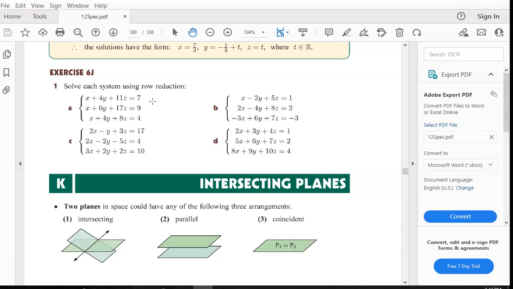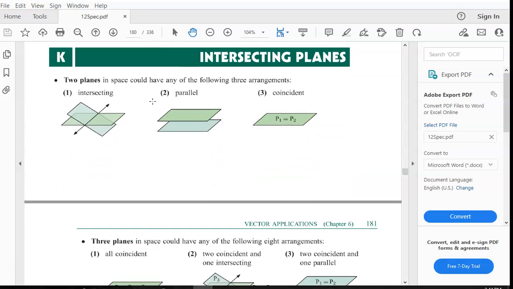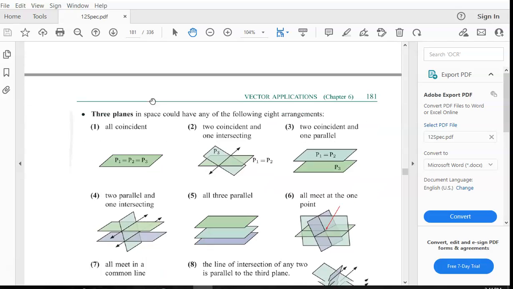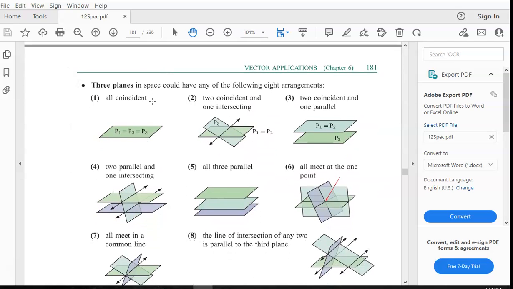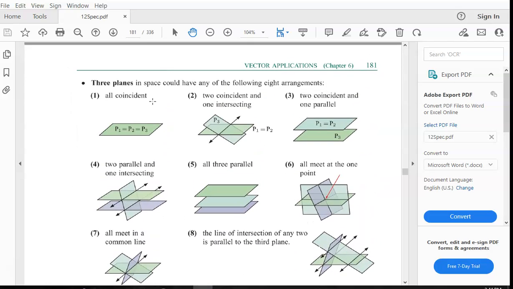But now we realise that when we've got ax plus by plus cz equals a number, that actually represents the equation of a plane. So when we look at these, they're actually planes, and there are eight situations that could happen.